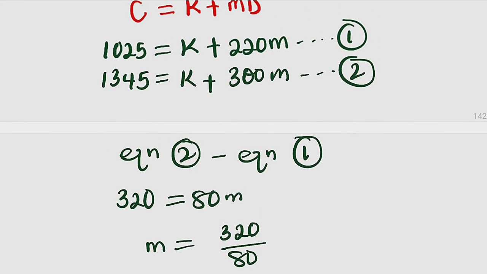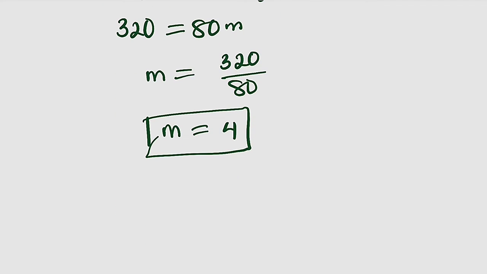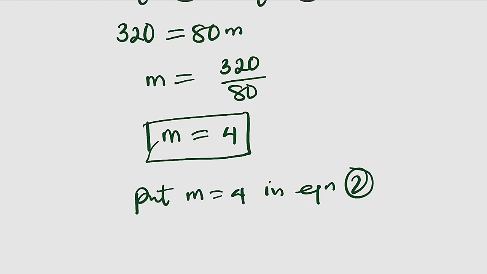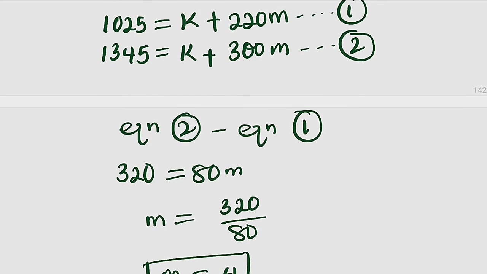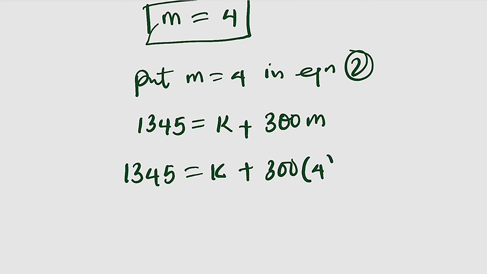We can plug the value of M into either equation 1 or equation 2. Let's put it in equation 2 all the same. So we plug in M equals 4 in equation 2. Equation 2 is 1345 equals K plus 300 multiplied by M, which is 4.